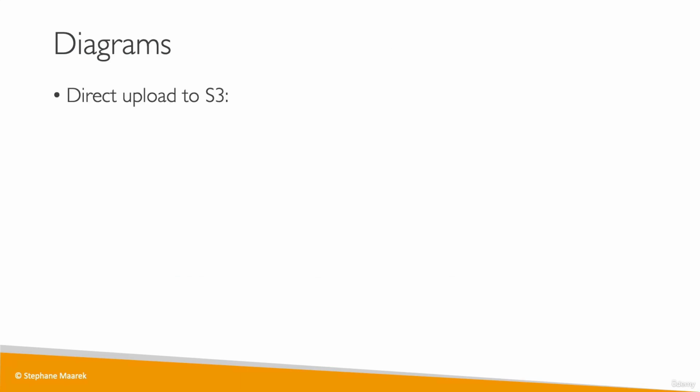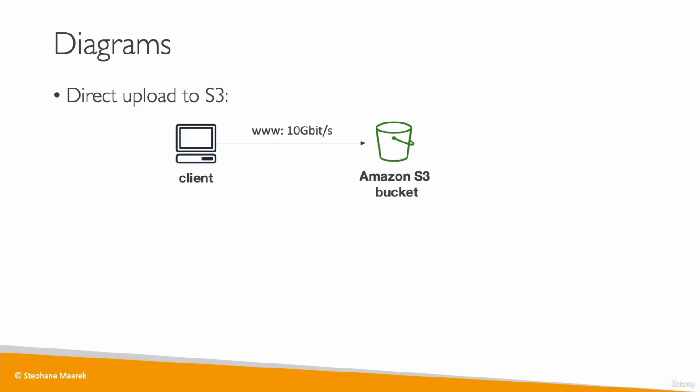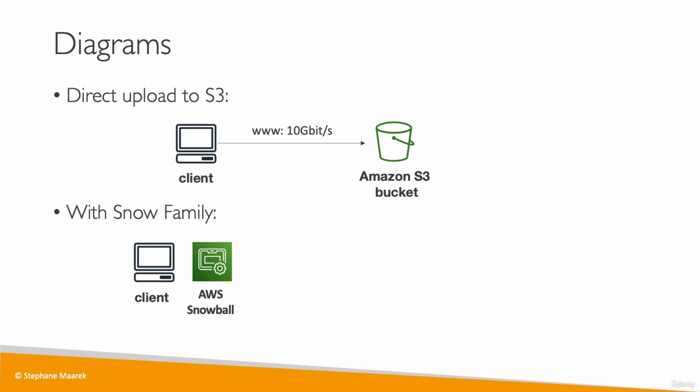So to really explain how that works, let's take an example. If you wanted to directly upload a file into Amazon S3, the client sends the data into Amazon S3. Very easy, right? But with the Snow Family, for example with the Snowball device, the client requests a Snowball device. We receive it via the post, okay? AWS will deliver the device to us. We load the data directly onto the device locally, and then we ship back the device to an AWS facility.